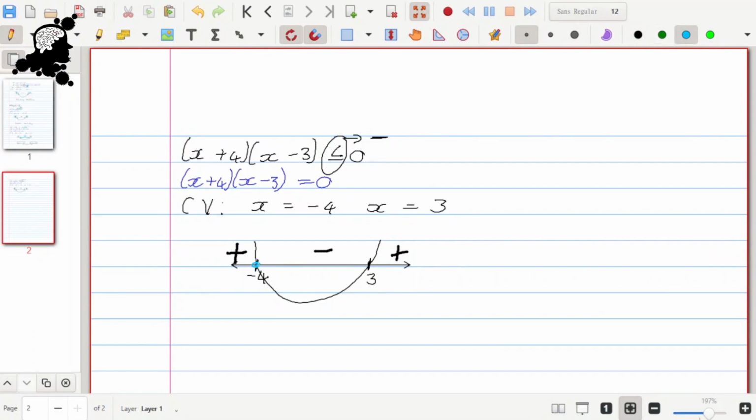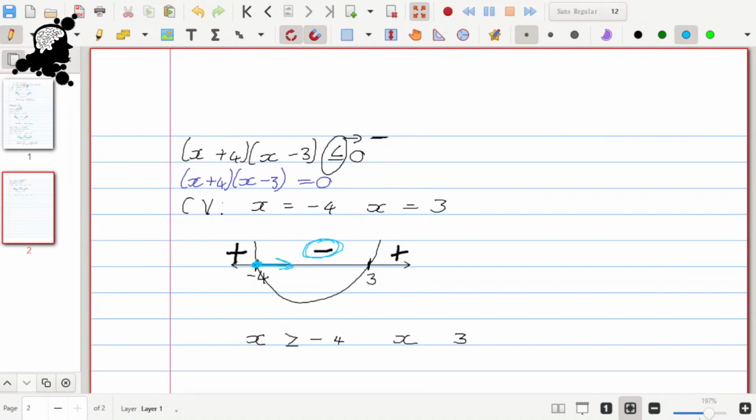When I'm at negative 4 here, to get to this negative sign here, I need to move to the right. As I'm moving to the right, the x values are increasing, so x is greater than or equal to negative 4. Let me put an x there and a space there.